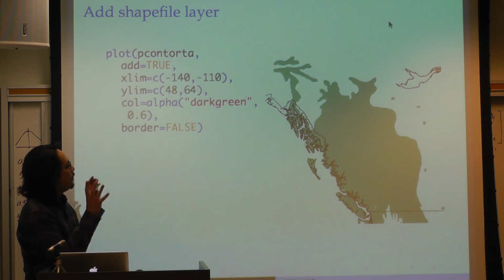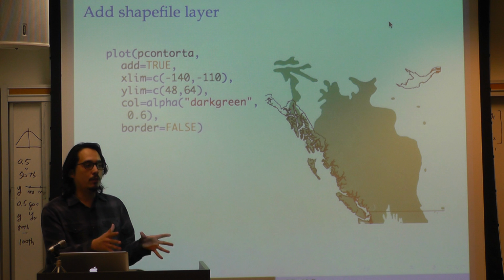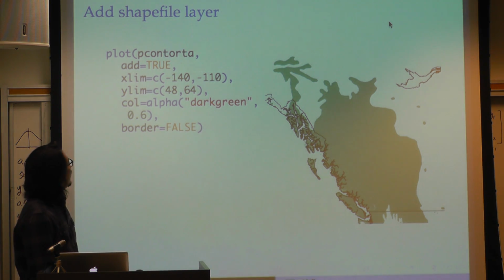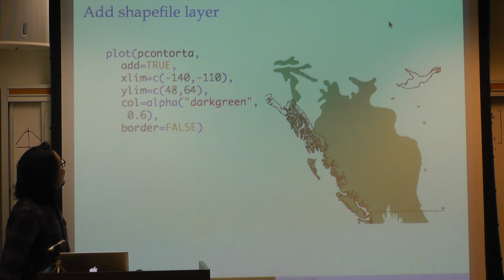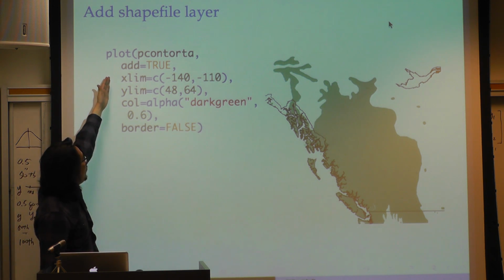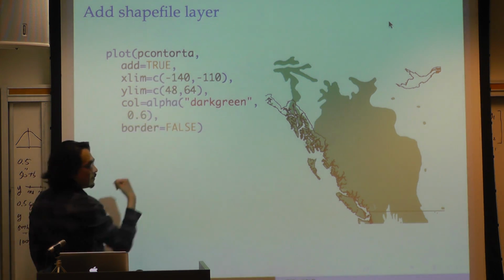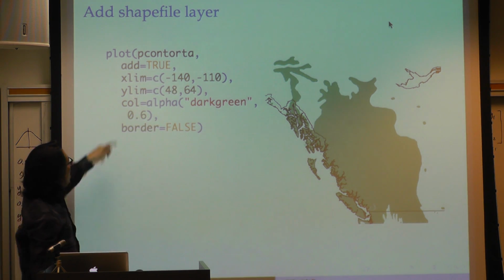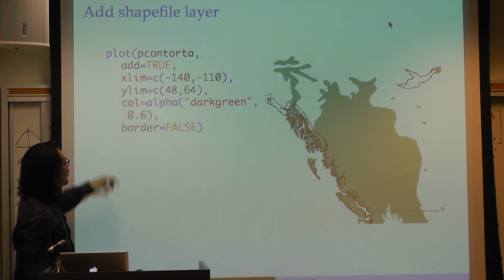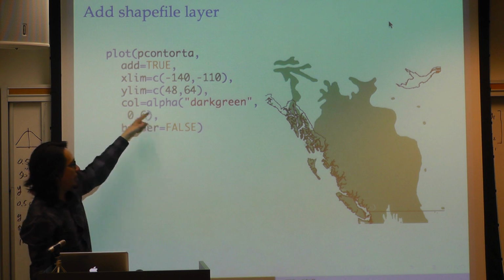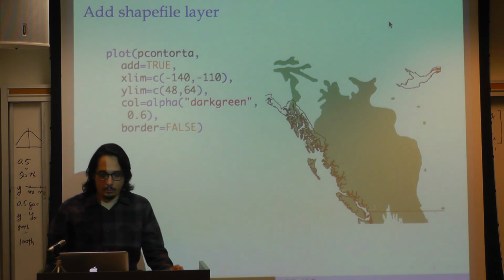Here we are incorporating the polygon shape file, which is showing the natural range of this pine. And basically what we are doing is just using the plot function. You remember that we created this object based on the shape file. We type add equal true and the same restriction of the coordinates, and we specify the color the way we want.